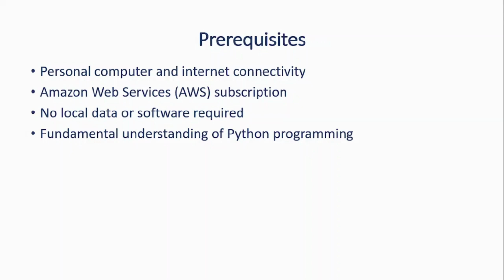Third, you don't need any data or any software locally on your machine, because everything will be done in AWS, so nothing is required locally. And the last is that you need some basic understanding of Python programming concepts, because we are not going into the details, or I'll say the basics, of Python. So these are the prerequisites for this project.